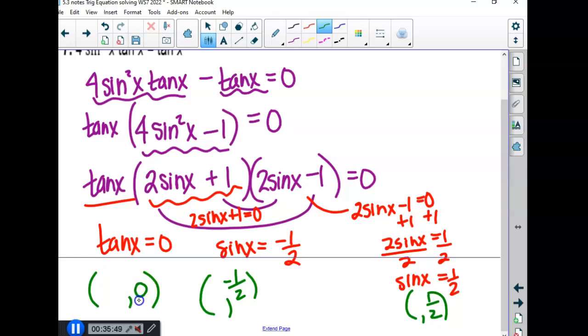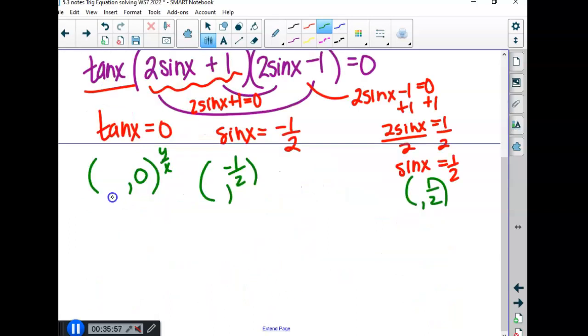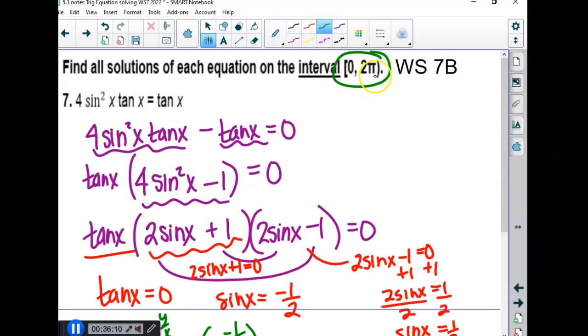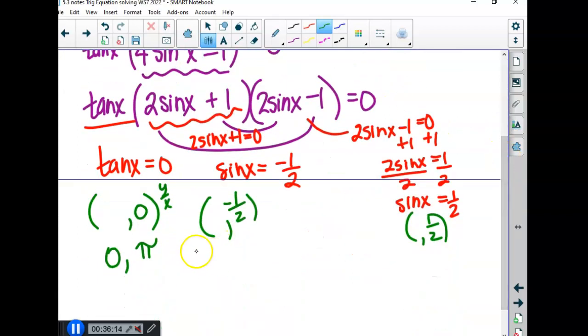Tangent is y over x, so we need the y to be 0. All right, so where are those happening? Where's the tangent 0? Isn't it 0 on pi? Can't call it 2 pi because remember there was a parenthesis there, but that same spot is also called 0.